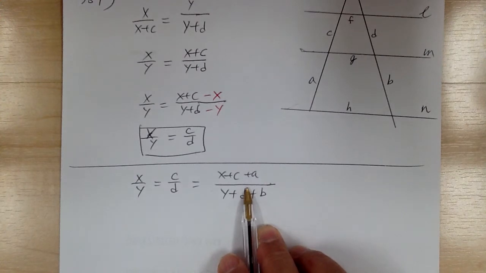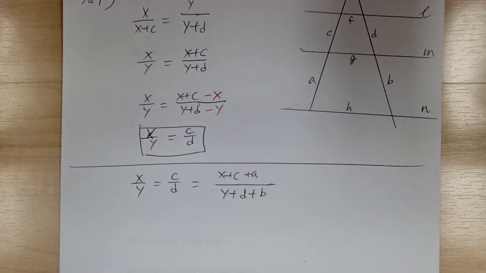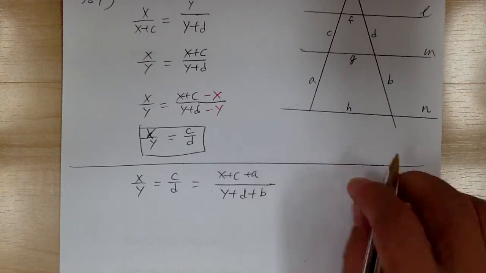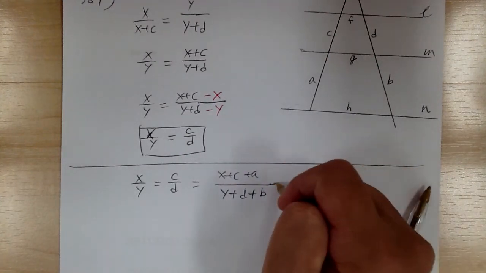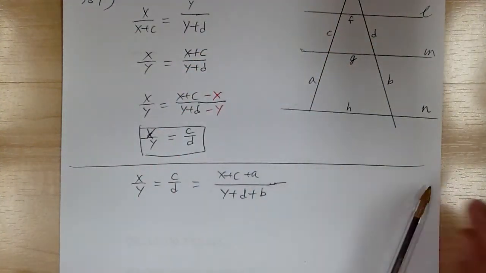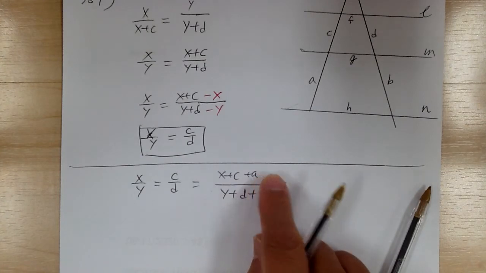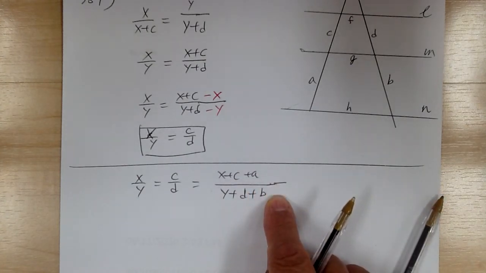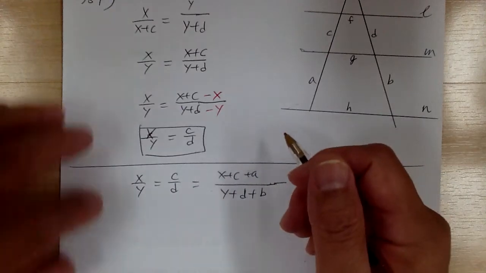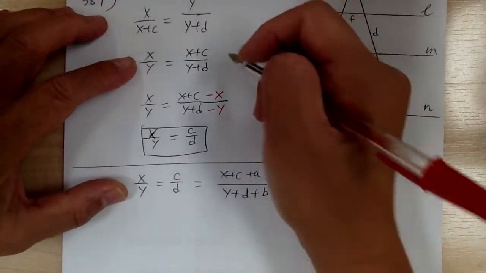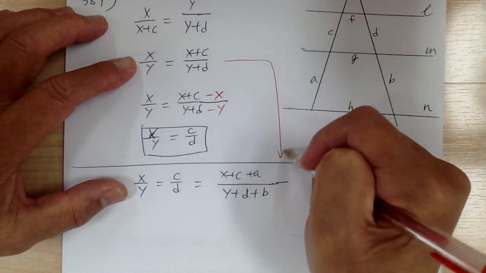Okay, now again, you can add and subtract anything on the same side, on either the top or the bottom. So you can subtract anything on the top, you can subtract or add anything on the bottom. So what I'm going to do is, since this over here, I'm going to put this down here.